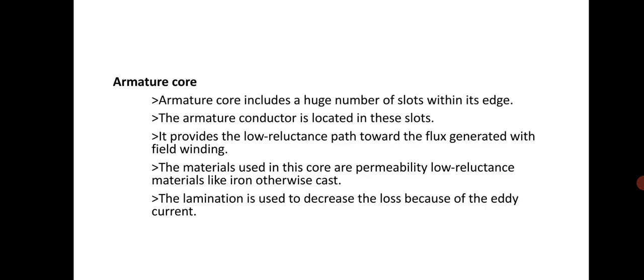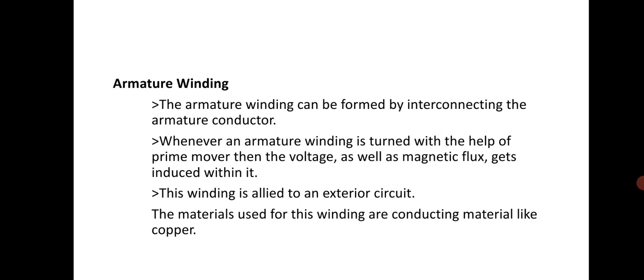Here we use wire winding, and the wires are circular in shape. So we can easily remember what type of current flows through this wire-wound material: that is eddy current. Then next one is the armature winding. What is armature winding, how is it formed? This armature winding is formed by interconnecting the armature conductors.